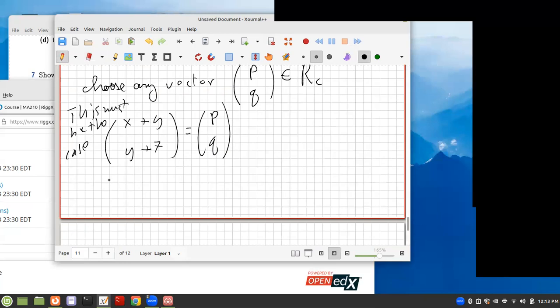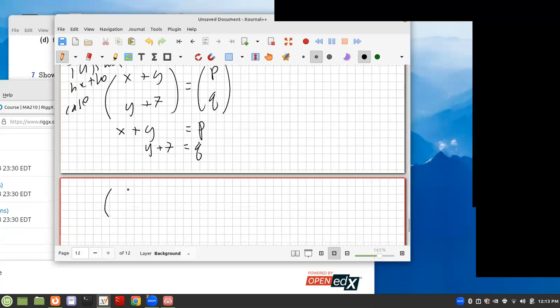The linear system is x plus y equals p and y plus z equals q. So here's the augmented matrix for that: 1, 1, 0, 0, 1, 1, p, and q.